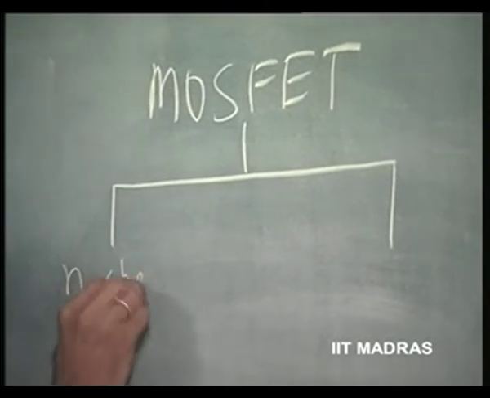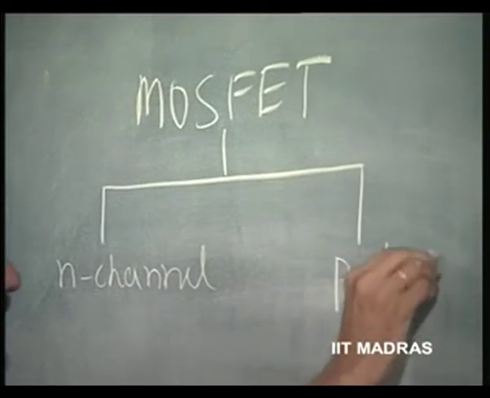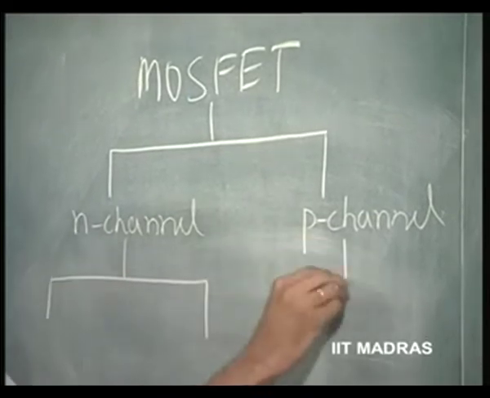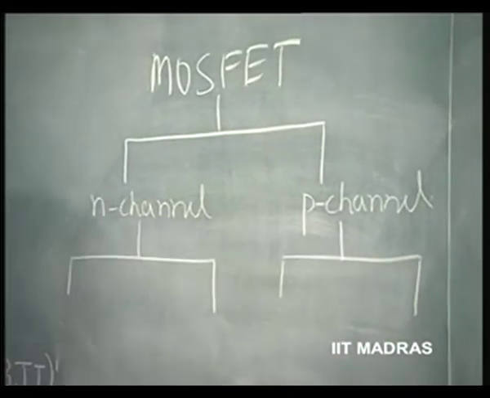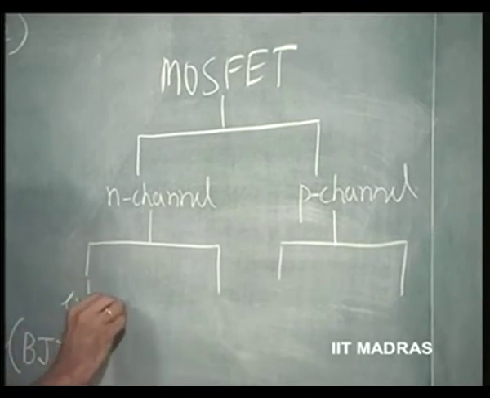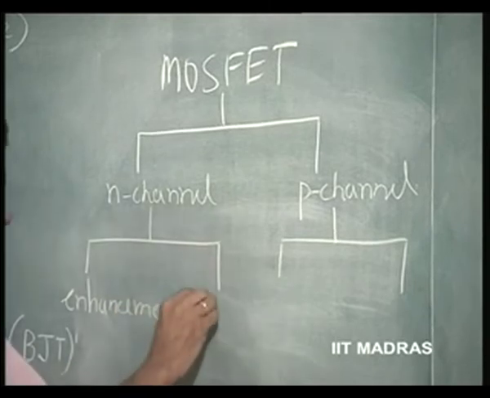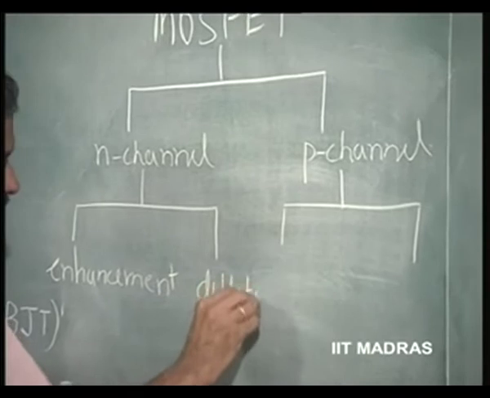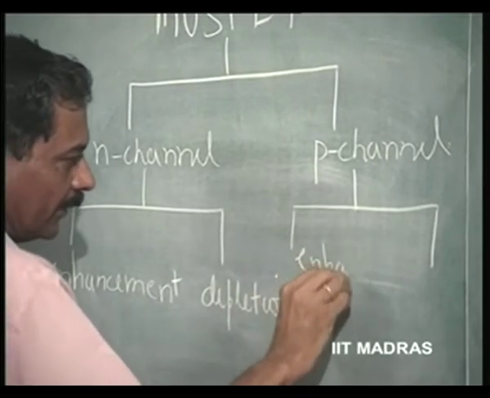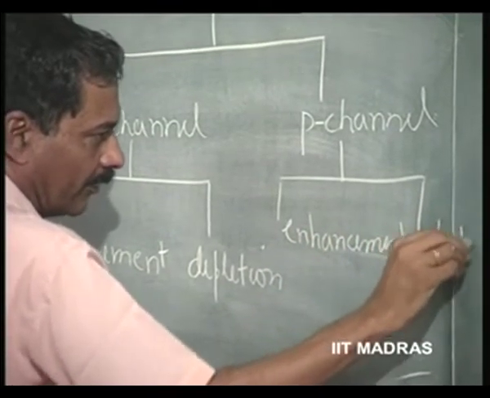N channel, P channel, and then we have two categories under this. This is called enhancement type. This is peculiar to only MOSFET, and this is called depletion type. Similarly, we have enhancement type of P channel and we have depletion type.